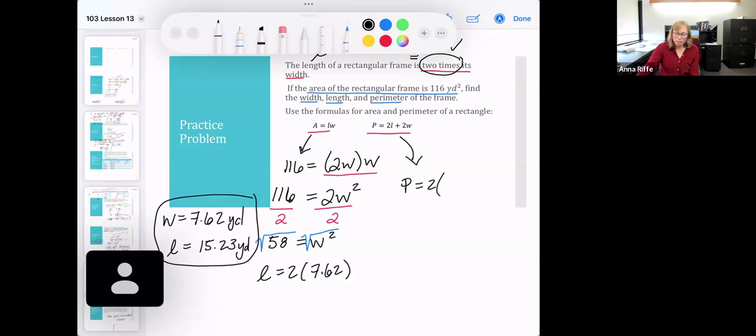Perimeter is equal to 2 times length, and I'm going to use probably an unrounded version of that. 15.23, round to a few more decimals, plus 2 times 7.62 is equal to 45.7, and it is in yards.